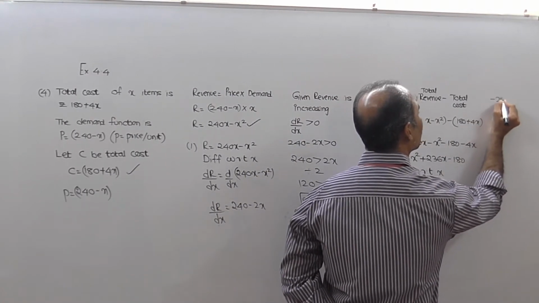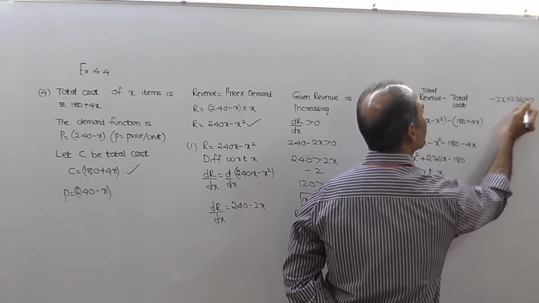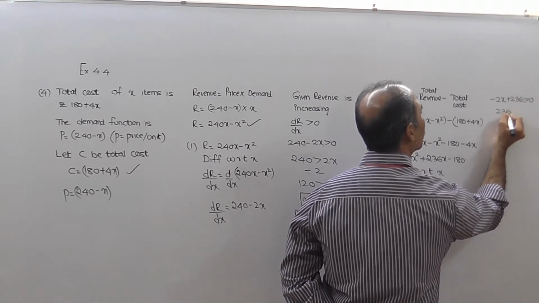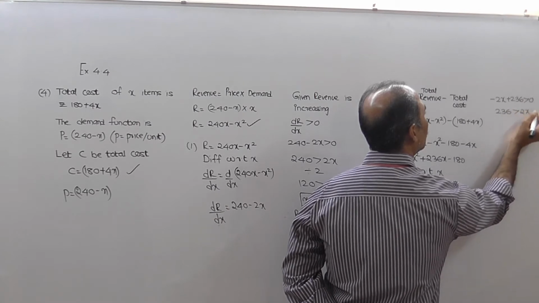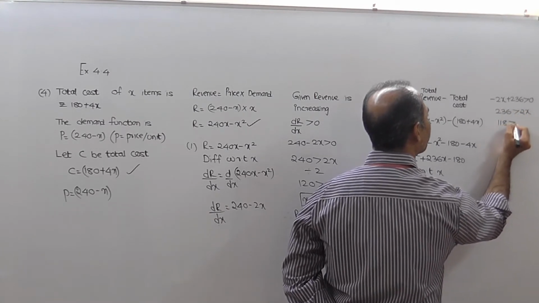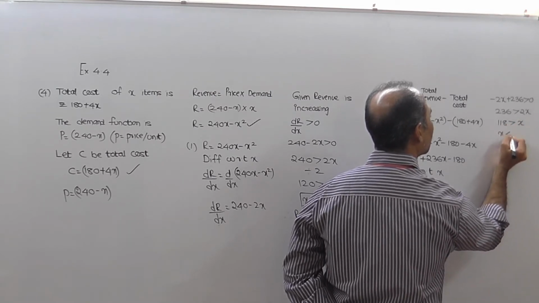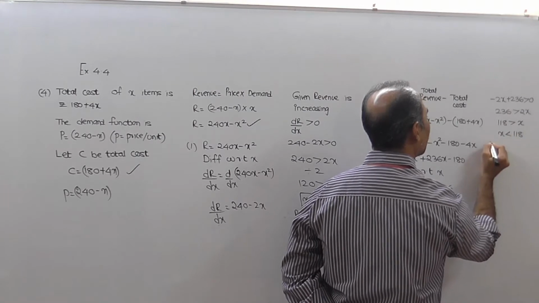So you will have minus 2x plus 236 is greater than 0. So you have 236 is greater than 2x, 118 is greater than x. So x is less than 118.